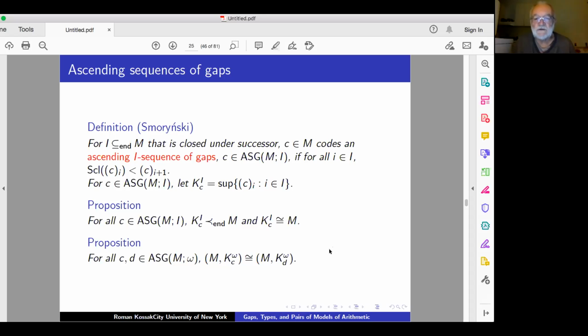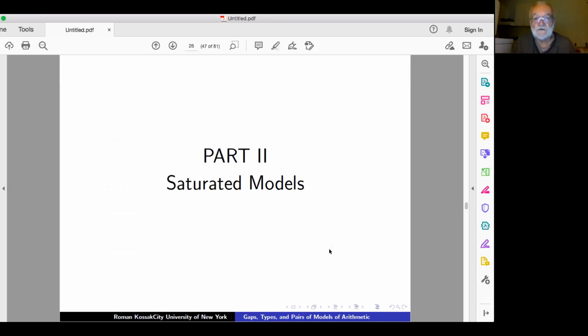So what's happening next week is that I will move to part 2, and this will be essentially a survey of what Jim did in his paper on saturated models, which touches upon very similar themes, but now not in the recursively desaturated model, but in the saturated model, where things work smoother because they are saturated.